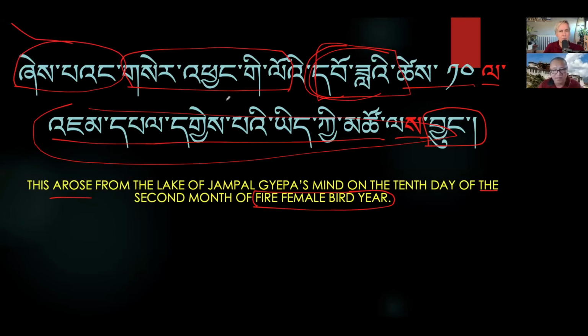So Serchangelo or fire female bird year have the same meaning. I think maybe in the future we can show how to look at these names in the modern calendar, maybe even do something in class. Okay, great. This is a short one.